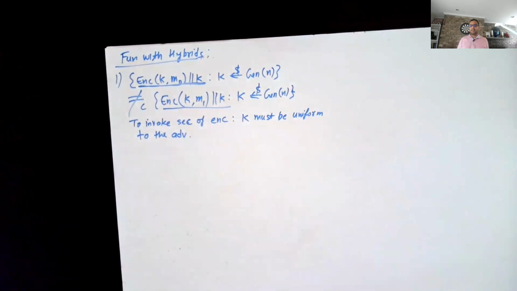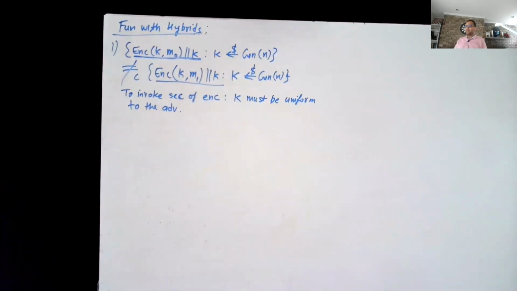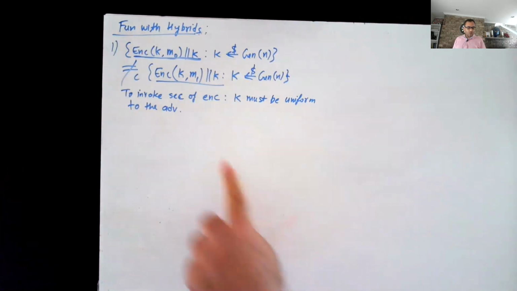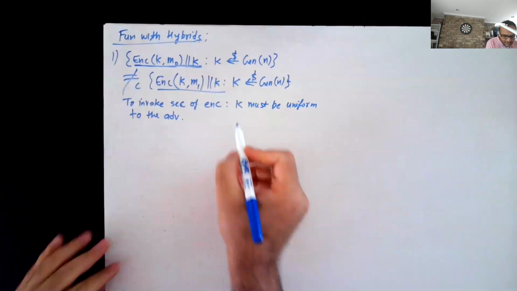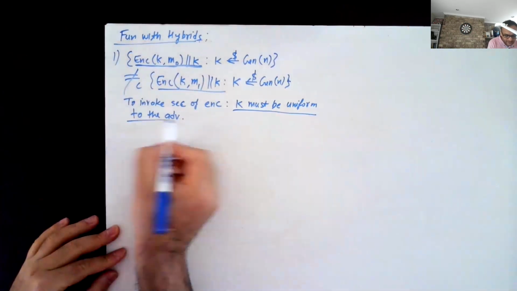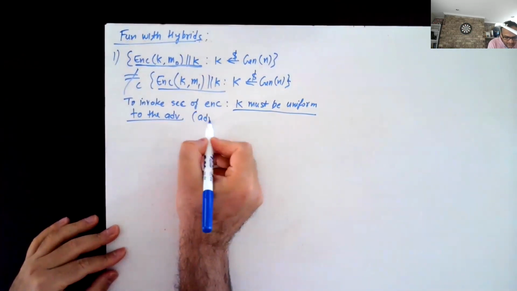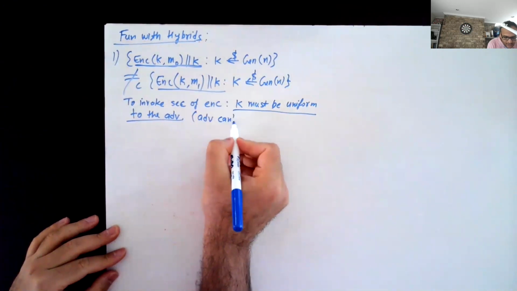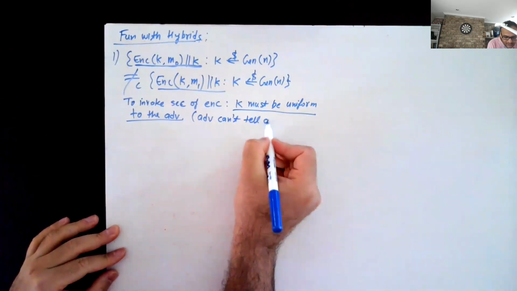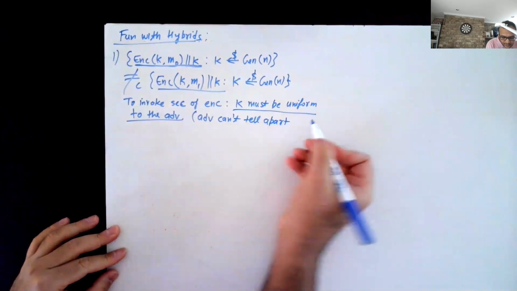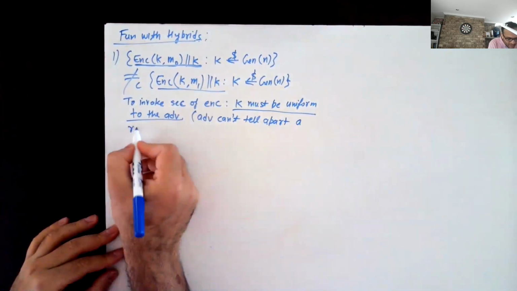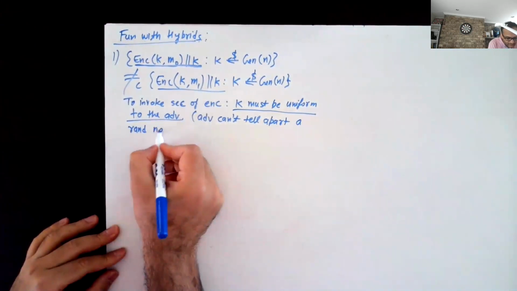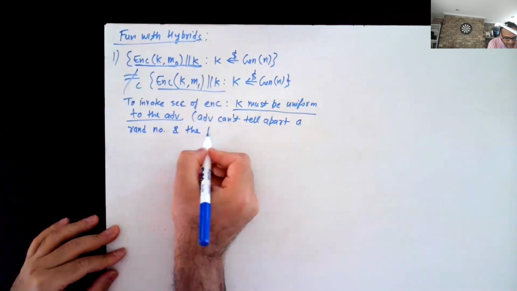Okay, if you indeed generate the key and just give it to the adversary, it was generated uniformly, but it is no longer uniform to the adversary. What do I mean when I say the key must be uniform to the adversary? It means that the adversary can't tell apart a random number and the key.